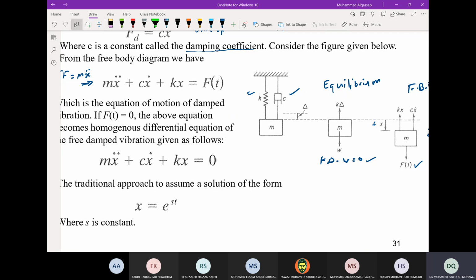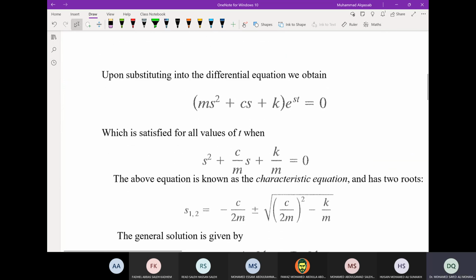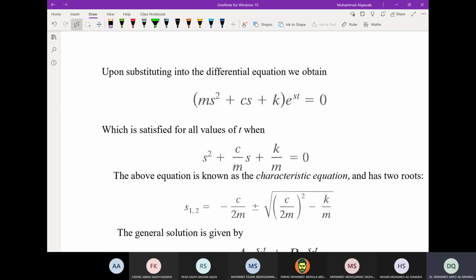There are 2 values for s, because the differential equation is a second order ordinary differential equation. They are obtained from the characteristic equation after the substitution.